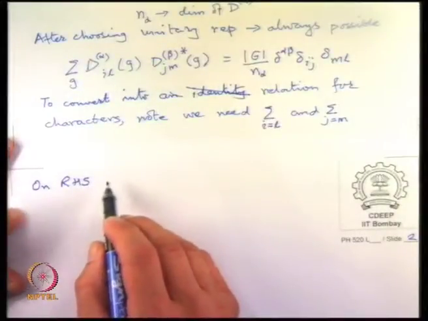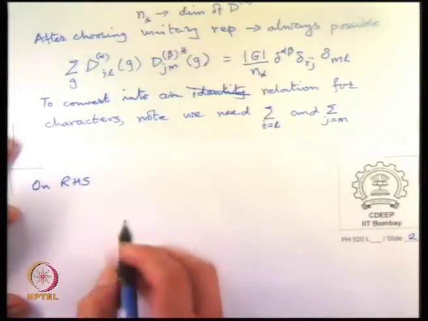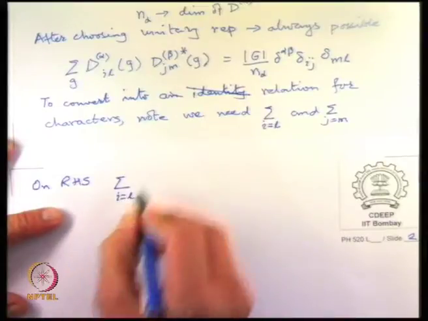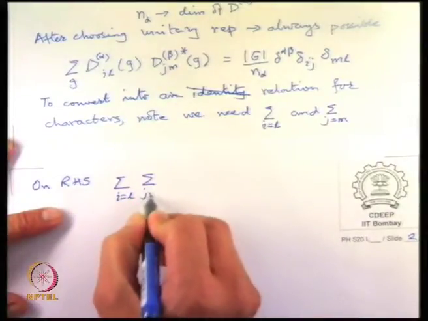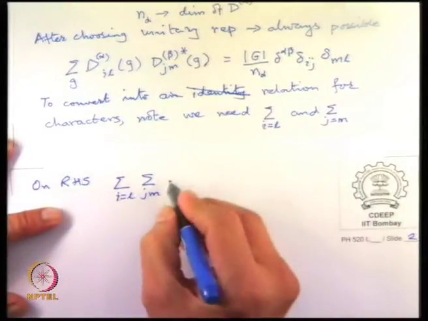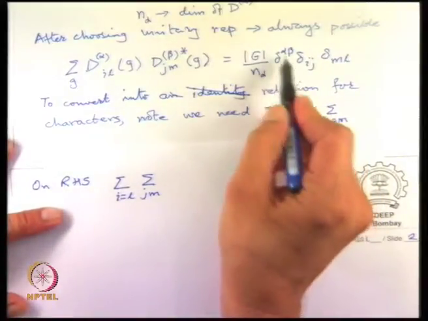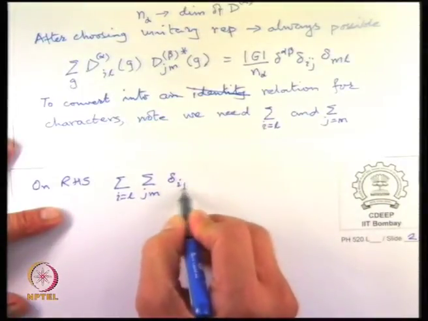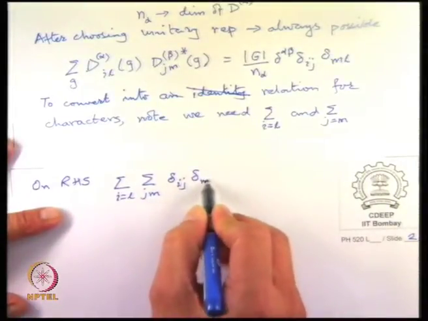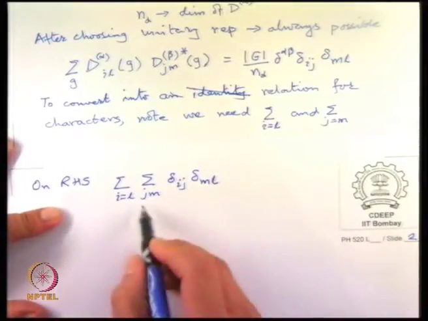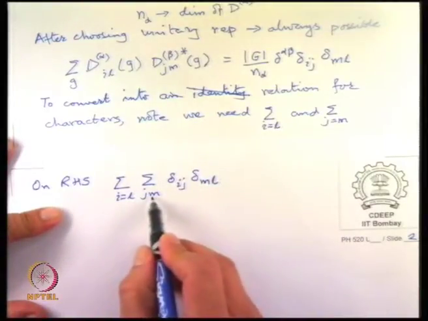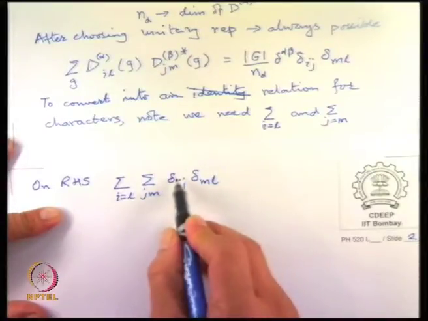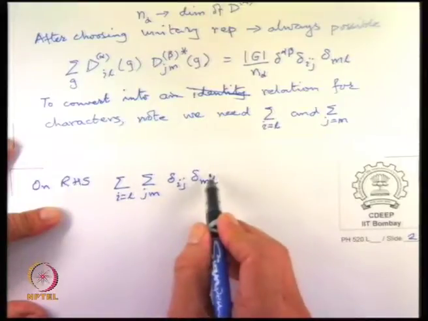So on the right hand side, if we do this, sum over I equal to L, sum over j equal to m of, now what is there on the right hand side? Well, these are things independent of I and j, but if I put the things that are dependent on I and j inside, then I have this. If I do a summation over mj, then I am summing this and this, but that is like a matrix product of this delta with this delta.